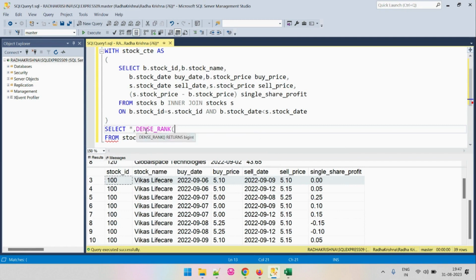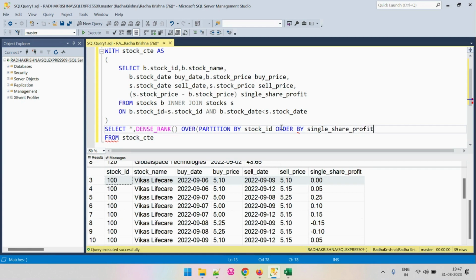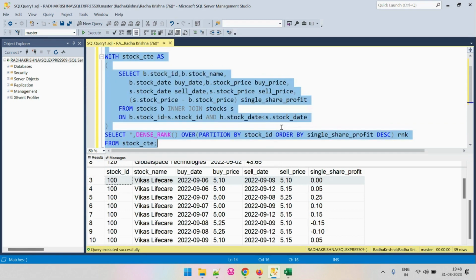So we will use dense rank and we will do the partitioning based on the stock ID, as for every stock we have to do separate ranking. So kind of we are doing the grouping on the stock and then we are ordering by the single share profit that we are getting. We will do it in descending order so that the maximum profit is at the top. Let's call it RNK column and let's run and see the output.